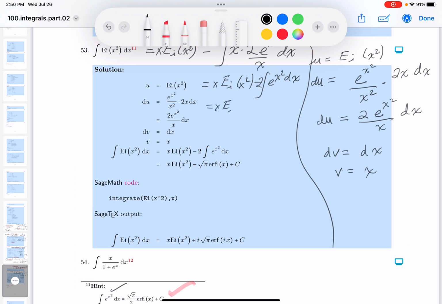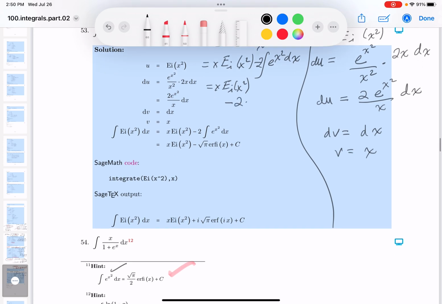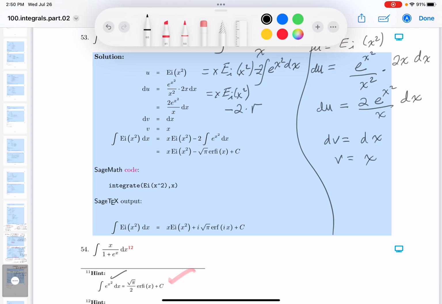x Ei(x squared) minus 2 times root pi over 2 erfi(x) plus C. All right, so this thing simplifies, the 2's cancel, and I think we're there.